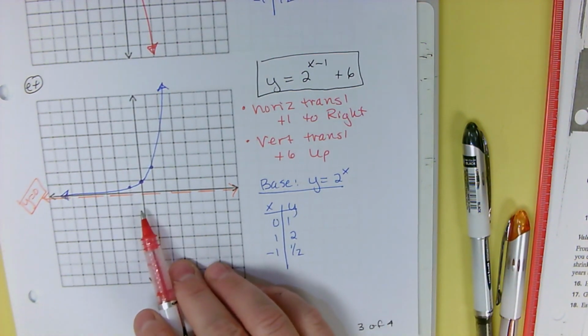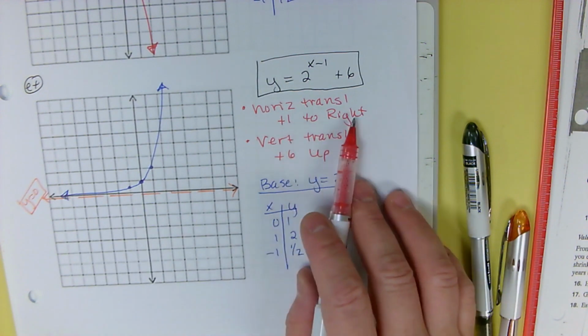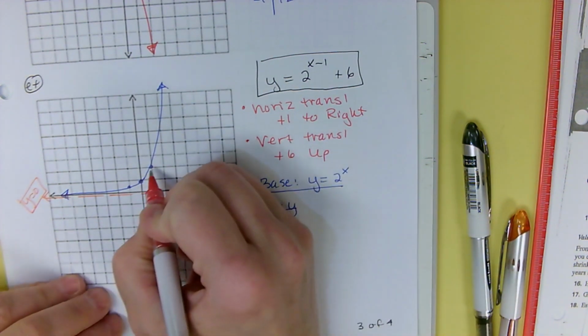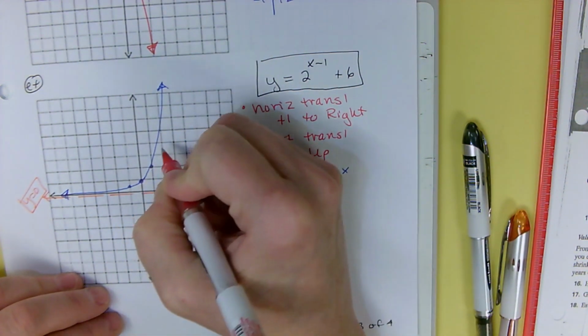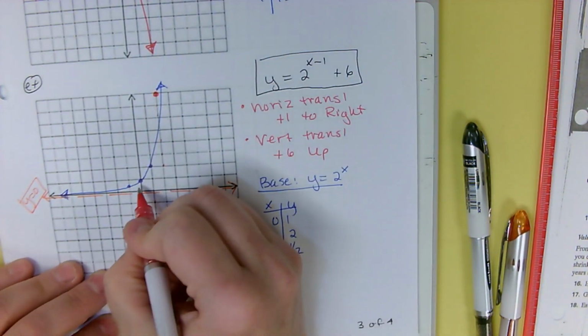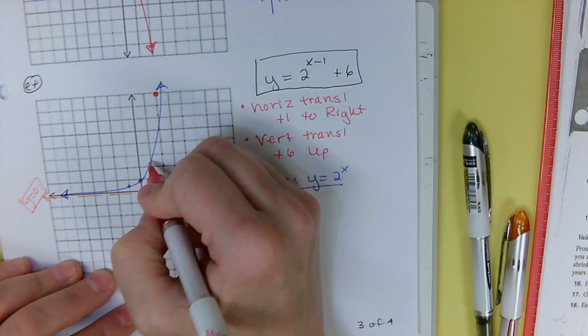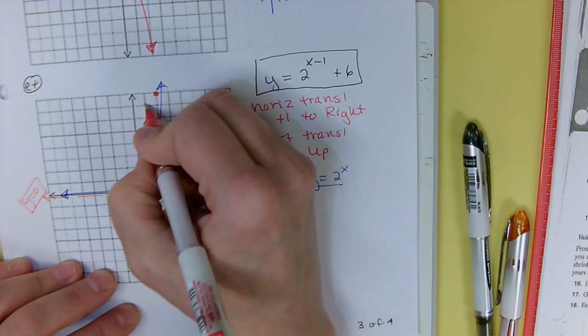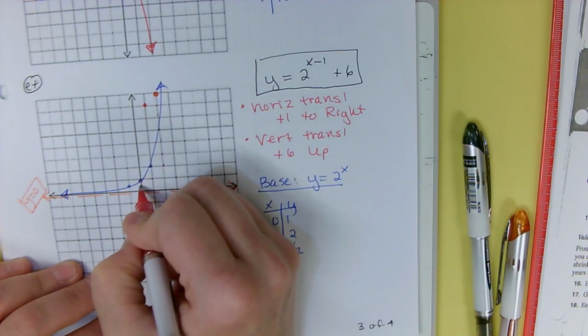All right, so while we got the base graph drawn, we're going to go 1 to the right and 6 up. So take a point, go 1 to the right and up 6. 1, 2, 3, 4, 5, 6. Then take the next one, 1 to the right, up 6. And then the last one, 1 to the right, up 6.